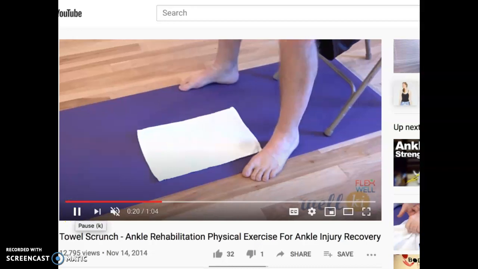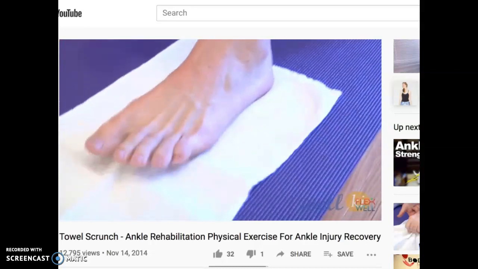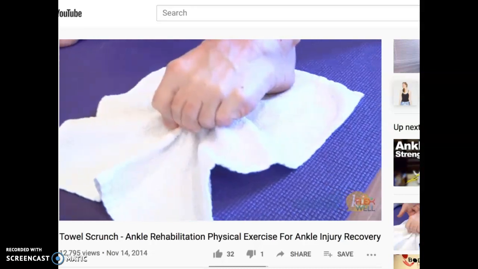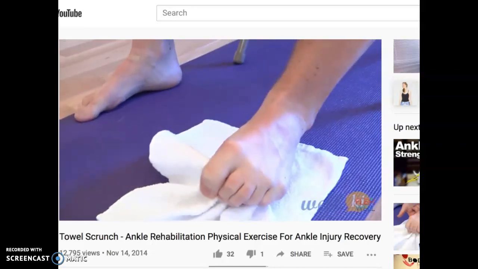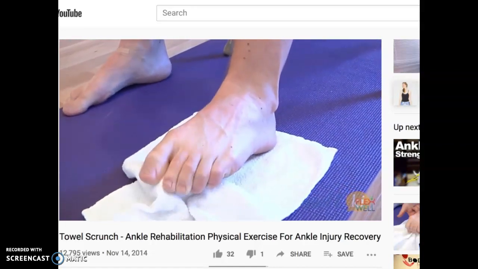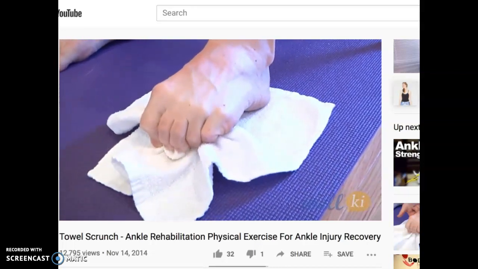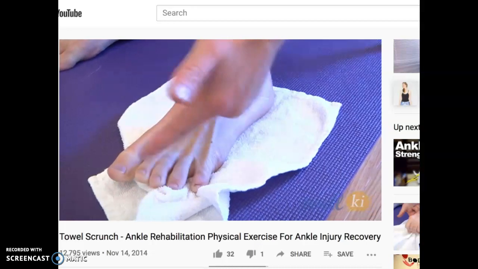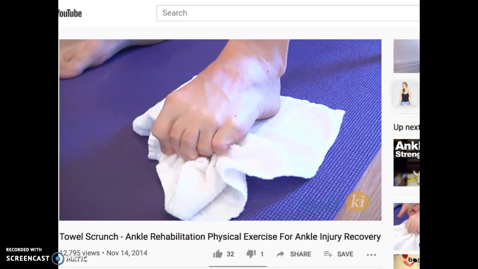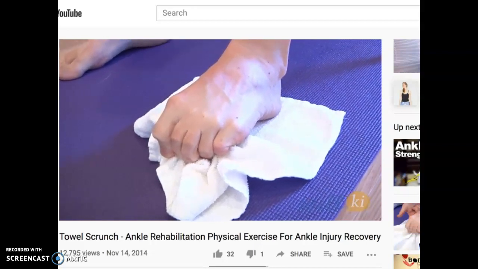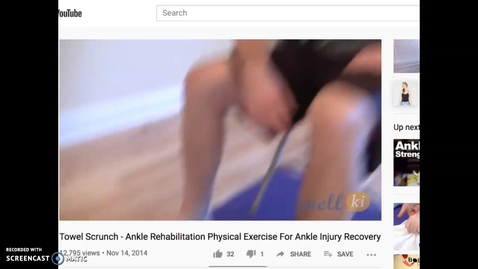So you lay the towel out on the floor, put your foot on top of it, and you use your toes to pull in the towel, scrunch it up, really hold and contract it, and then you relax, let it back out, and then you grab more towel and scrunch it back in. And usually what I would do is have an athlete start at one side of the towel and towel scrunch their way until they've pulled the entire towel in, and then reset the towel, start again.